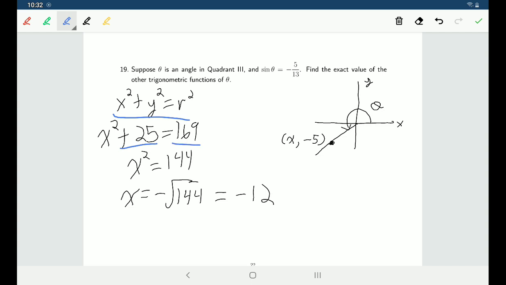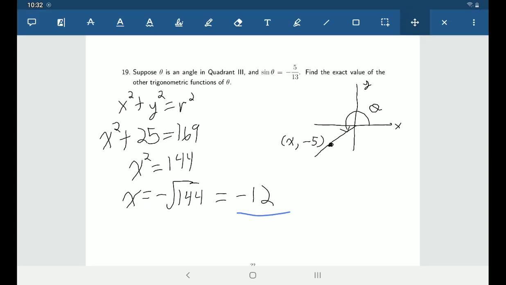Putting in the 13 for r and squaring it, you get 169. You have x squared is 144. And now when you come to take your square root, the question is, is it positive root or negative root? Go back to your picture and remind yourself that you're in quadrant 3. At this point, the x coordinate is negative, which means you must take the negative square root. So x is negative root of 144, or negative 12.